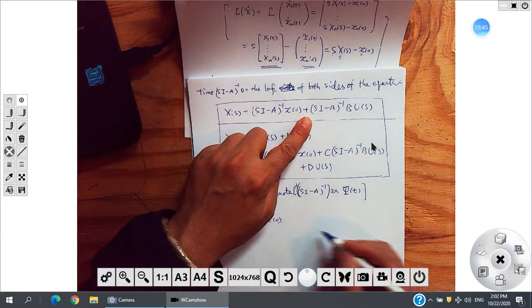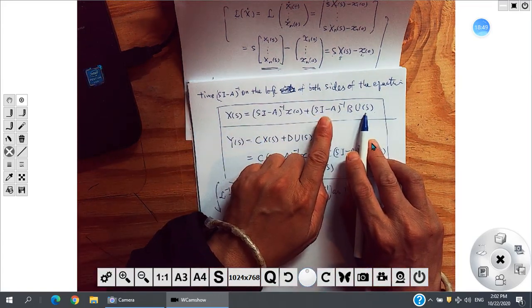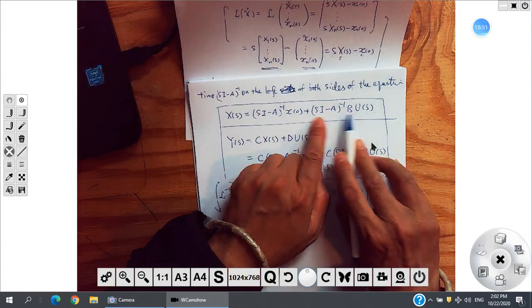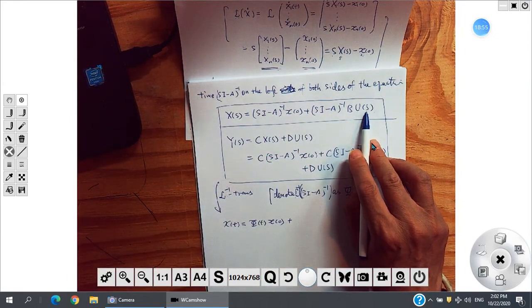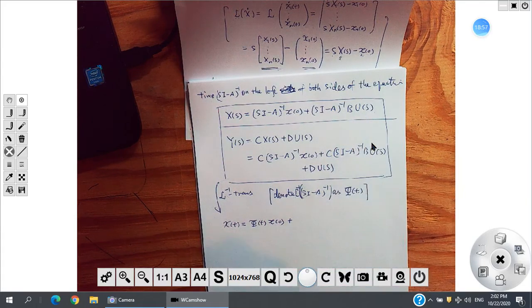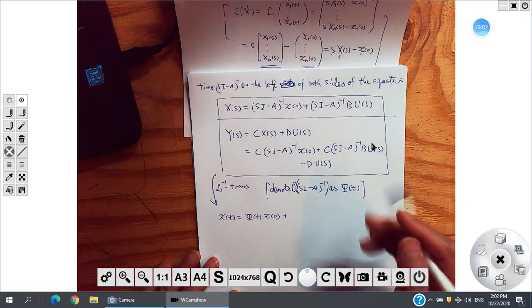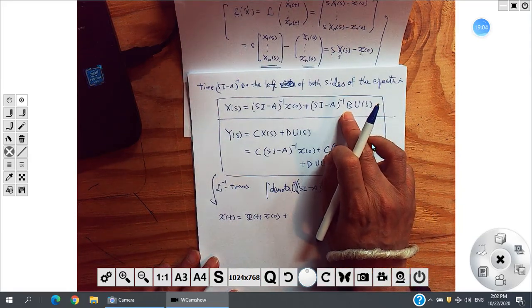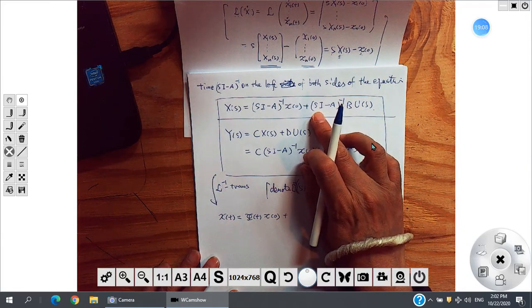And the second one, we have two functions multiplied together, right? The first part has s, the second part also has s. So this is a multiplication in the s domain. So going back to the time domain, there will be a convolution, right? But B here, you can think B is a part of U or B is a part of the first part.